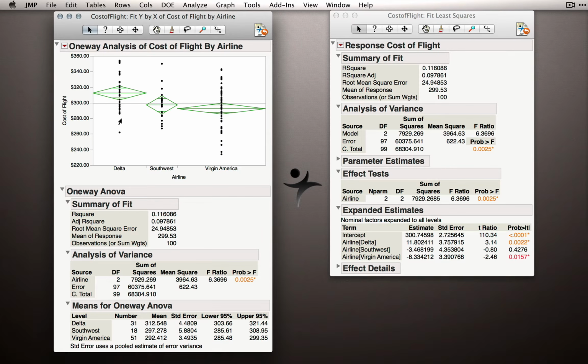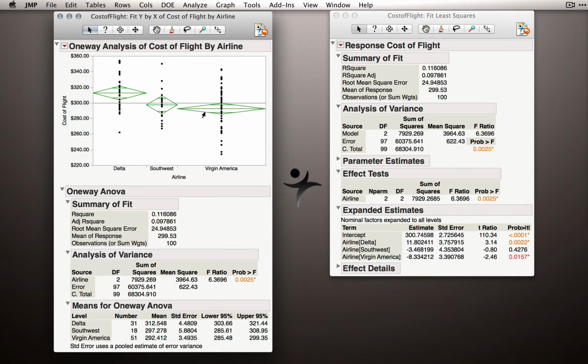The first would be Delta versus Southwest, the second, Delta versus Virgin America, and the third, Southwest versus Virgin America. Notice that 3 tests encompass all the possible pairwise comparisons we can make. We don't have redundant tests like Virgin America versus Delta after we produce a test of Delta versus Virgin America. Notice these tests are, in essence, the same.